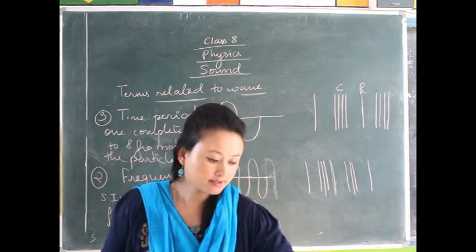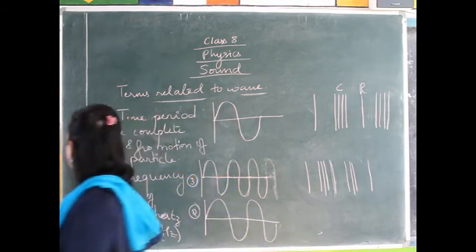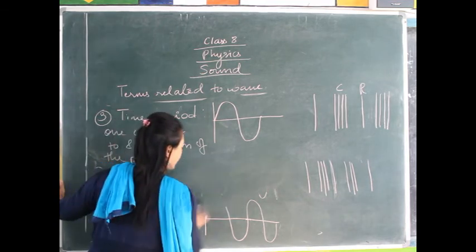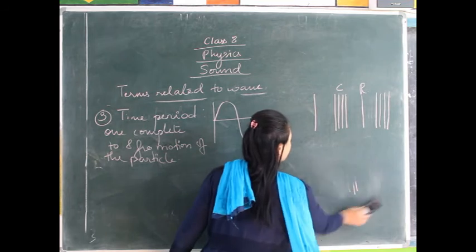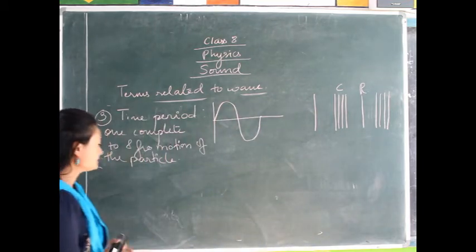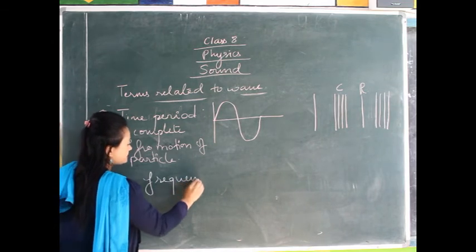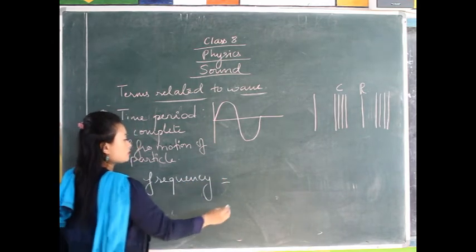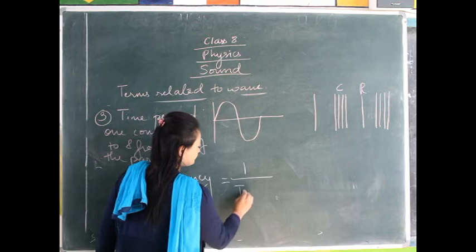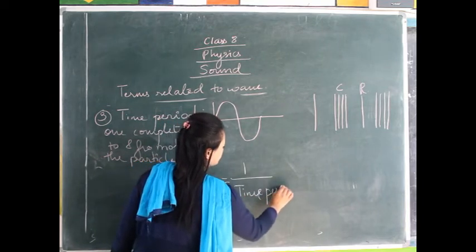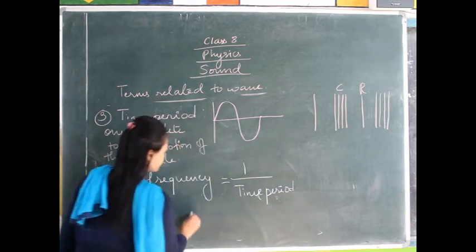Okay, then there's another term which is called wavelength. Before we talk about wavelength, the relationship between frequency and time period is frequency is equal to 1 by time period. So please remember this.